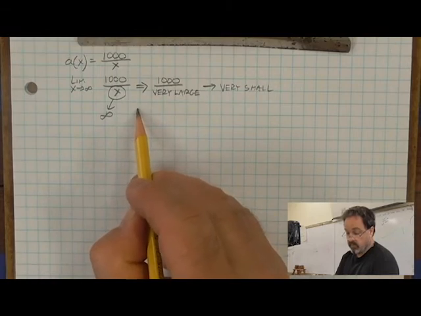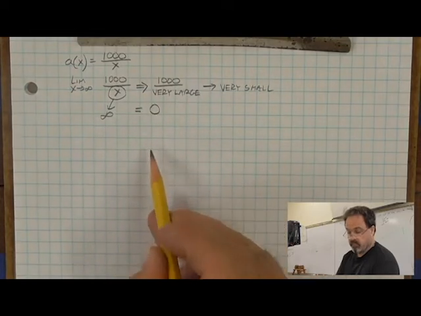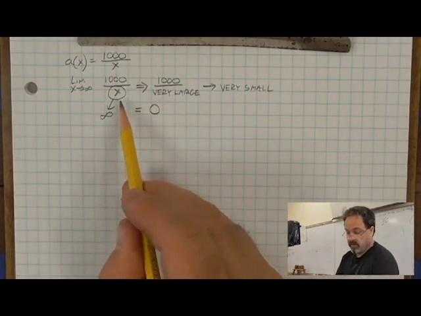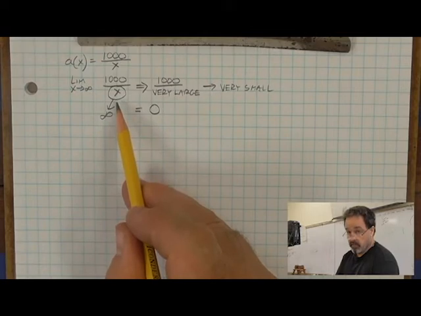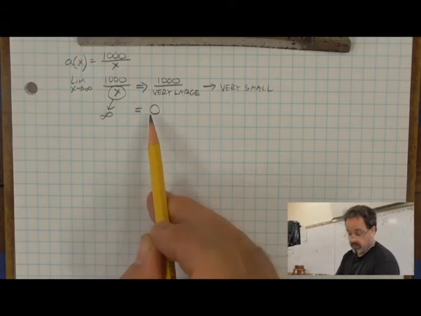It is going to go to, and eventually then the limit will be equal to 0. Something divided into an infinite number of pieces will have each piece being so small that the size will approach 0. That's the answer to this limit.